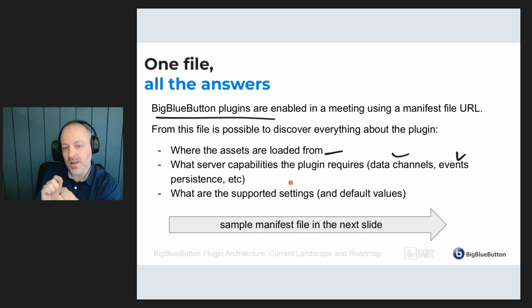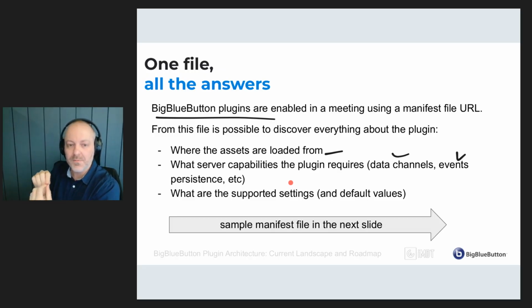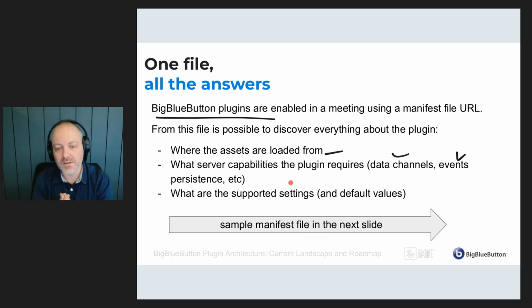So the person enabling the plugin can know in advance that this plugin is going to switch data between the browsers, or that this plugin is going to write events into event XML. So you can discover what the plugin does without the need of looking at the source code of the plugin. And if the manifest file does not specify the data channel and the plugin tries to use the data channel, it will not work because it's validated server side.